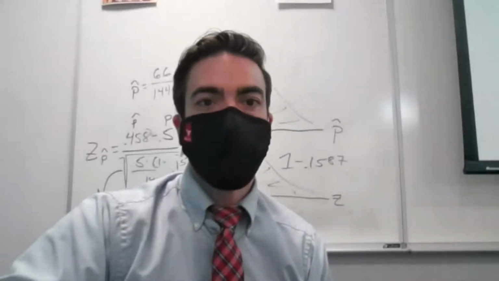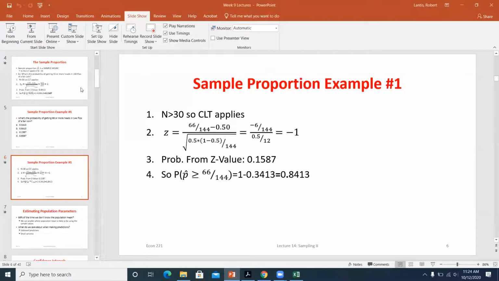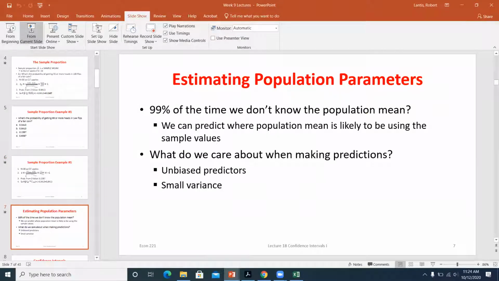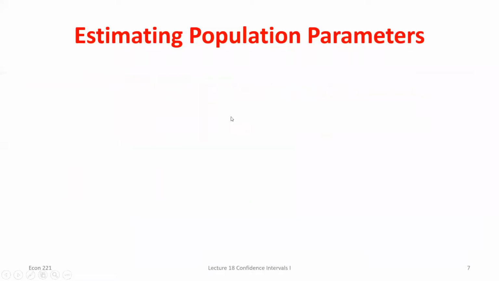So at this point, we've talked about dealing with sample means and sample proportions. And we had this other discussion about making sure our samples were unbiased, or looked a lot like our population, because we usually can't observe population parameters, population means, or population proportions.